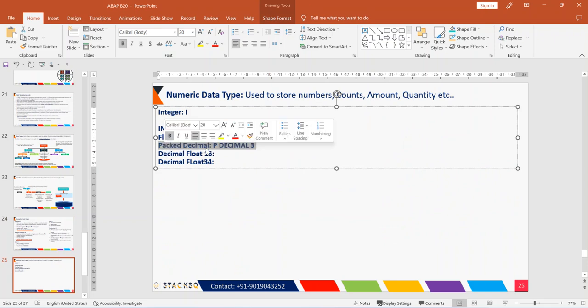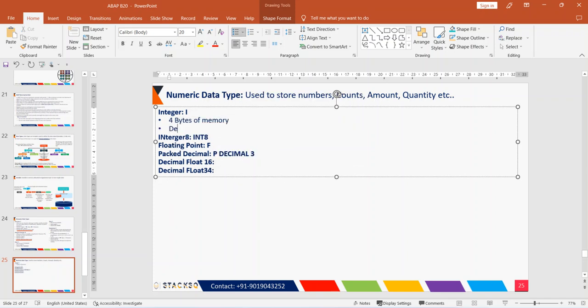Whenever you use the integer data type to define a variable, the system allocates around 4 bytes of memory. You cannot increase or decrease the size of the memory. By default it takes 4 bytes of memory.